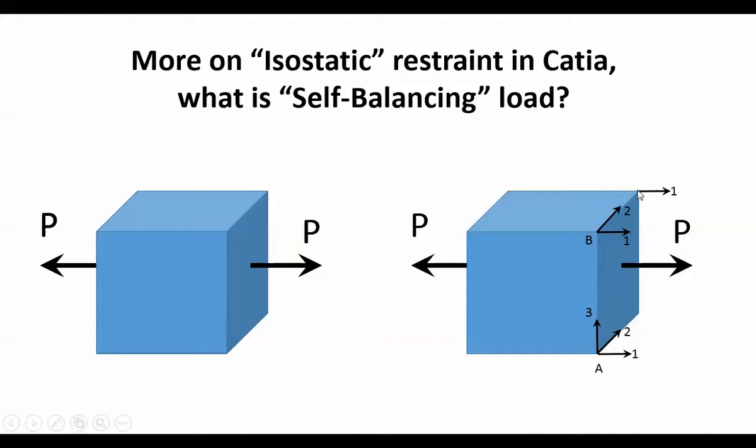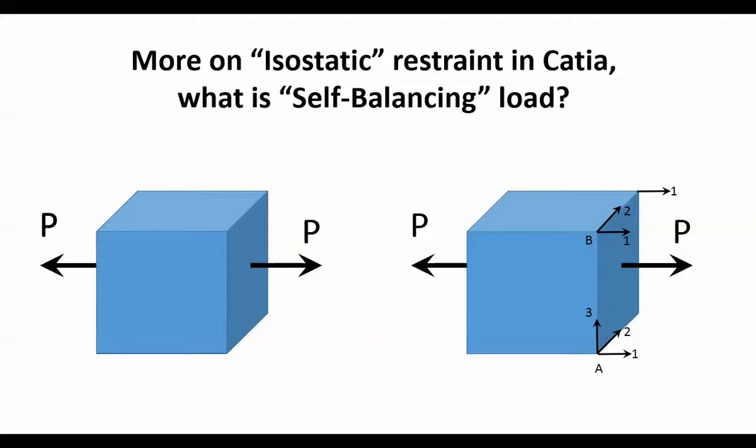This takes away rigid body motion, and if you look at the reaction forces and the stresses at the points A, B, and C, you'll see that there's 0. So this is the case of a self-balancing load.